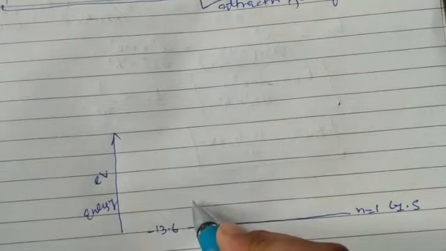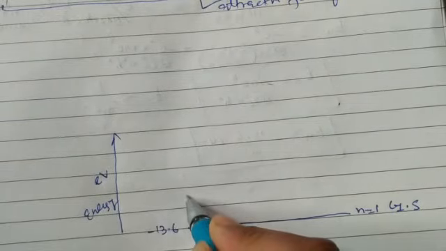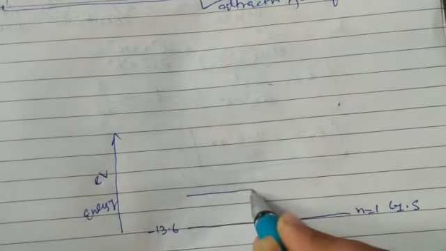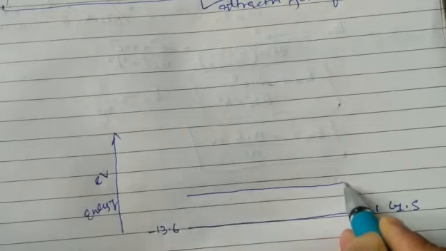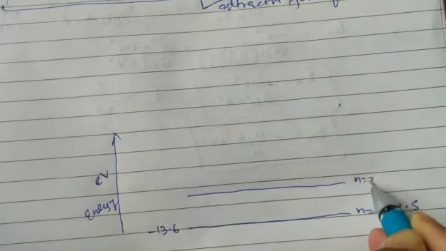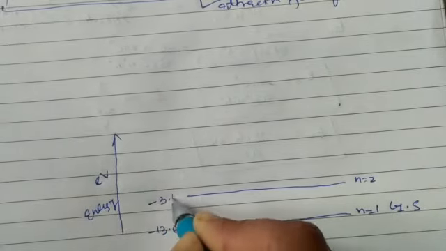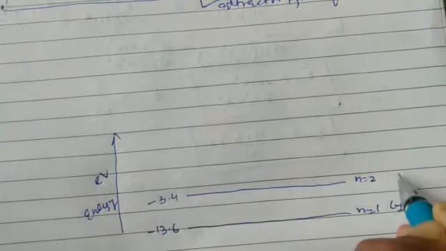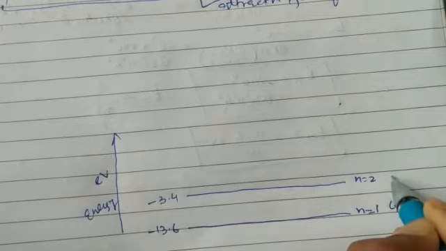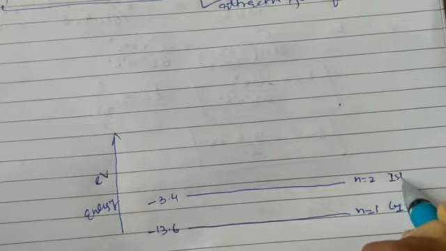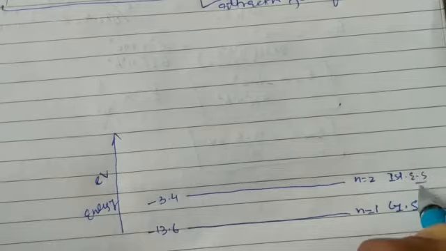Now the second energy level, let me make it like this. n equals 2, and it has an energy of minus 3.4. From this, it is the first excited state.